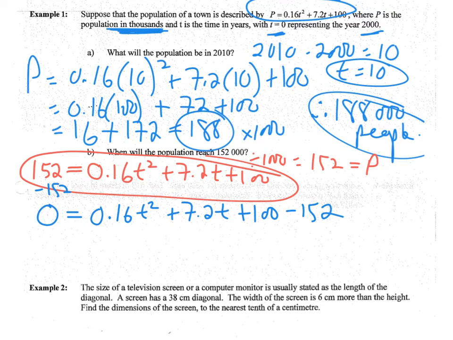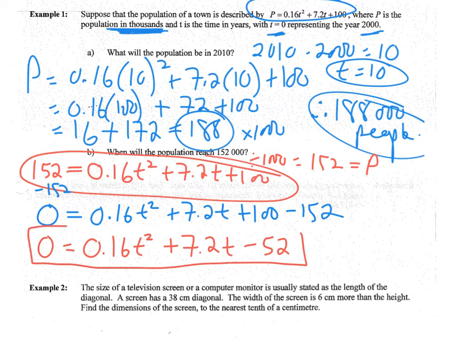And when we simplify that, we end up with standard form set to 0. 100 minus 152 is negative 52.